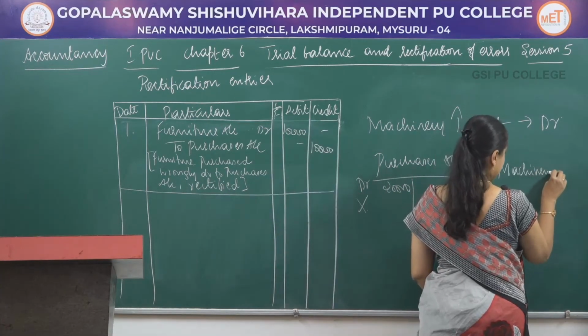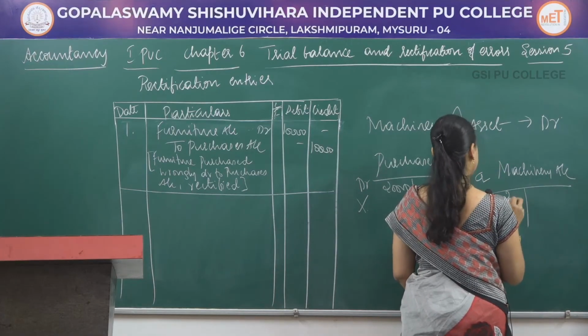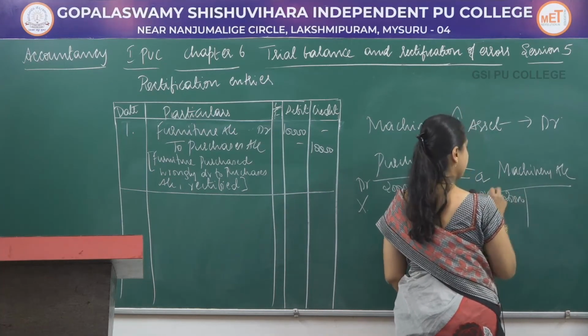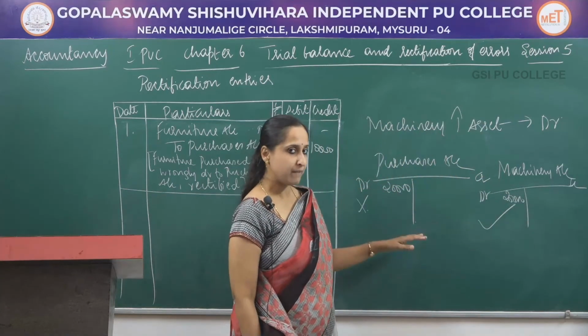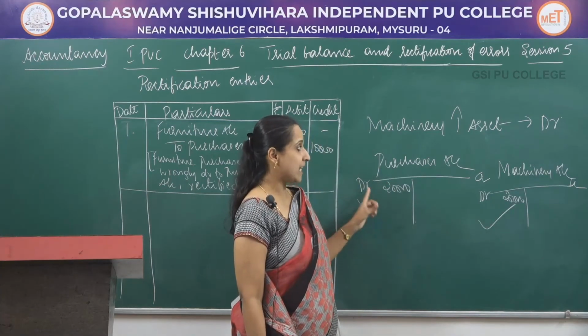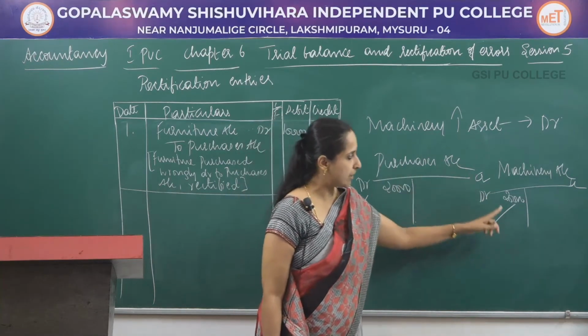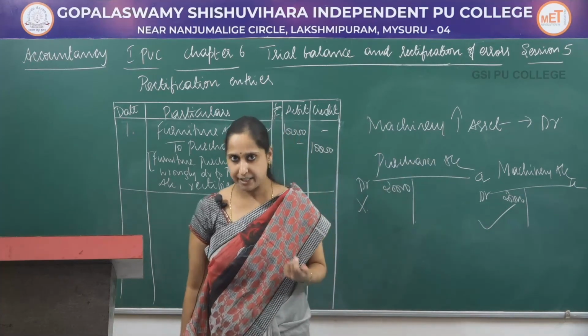So now I have to debit machinery account 20,000. So this is correct. So now how to rectify this? Anyways, I have to debit machinery account, but I have to credit purchases account. If I debit machinery account and credit purchases account, error will be rectified.